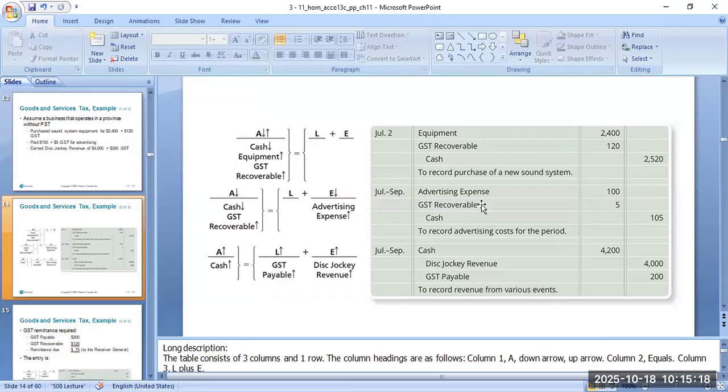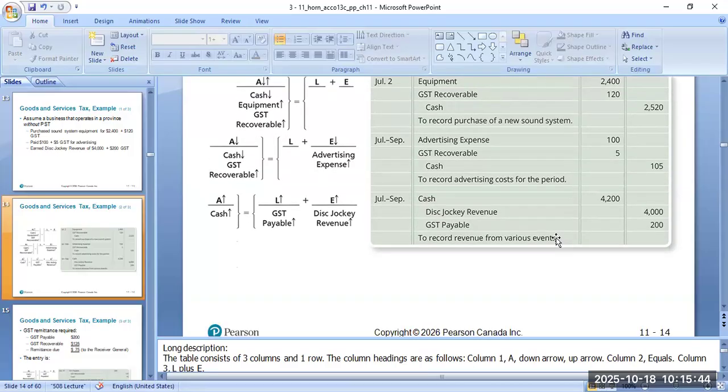We record the GST recoverable and we pay in cash. The last transaction, we provide the service revenue. We charge the client the GST 5%, and we collected the service revenue and the 5% GST.